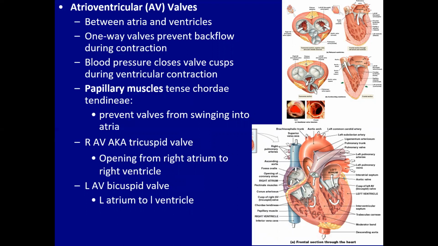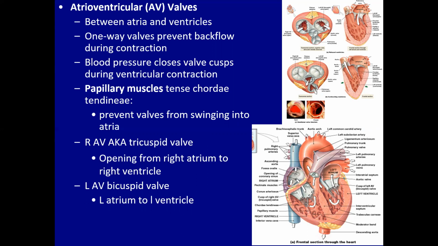If you have blood going up into your atria, instead of going either into the pulmonary circuit or the systemic circuit, then you're losing out on oxygenated blood if it's systemic, or actually oxygenating blood if it's in the pulmonary circuit. So blood pressure actually closes those cusps during the ventricular contraction. And as I said, the papillary muscles tense and they prevent the valves from swinging back.